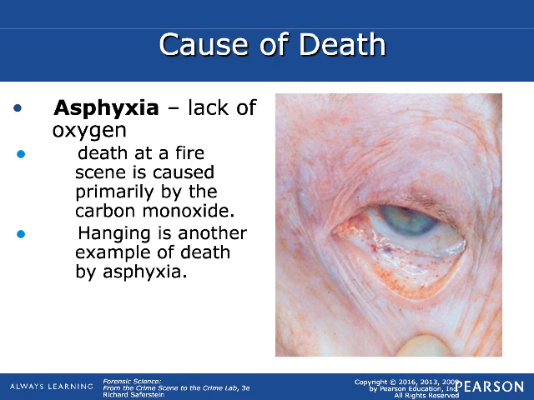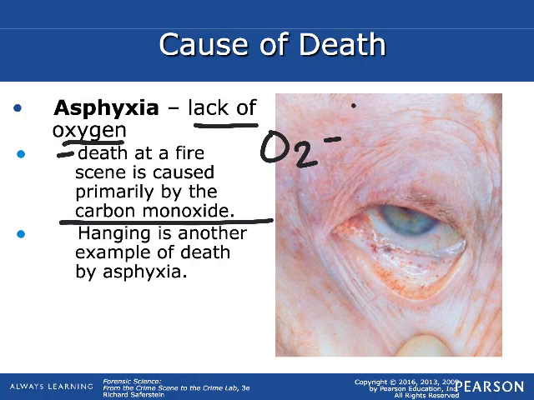Now, asphyxia is a lack of oxygen. There are lots of different ways that we can not have enough oxygen. One way is by fire. In your body, normally oxygen is carried by hemoglobin, and hemoglobin is found in red blood cells.